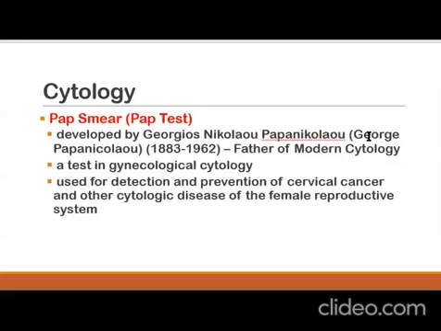And also, as a consequence of that, he was able to differentiate the malignant cells as well. Okay? So, because of this development made by George Papanicolaou, he is considered to be the father of modern cytology.